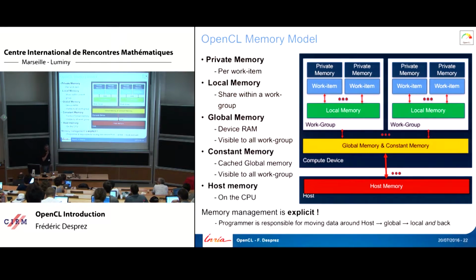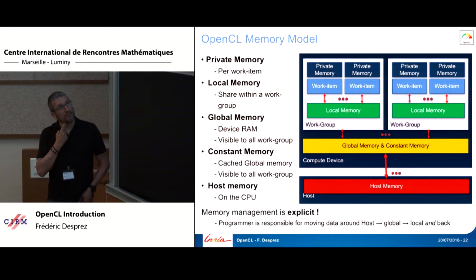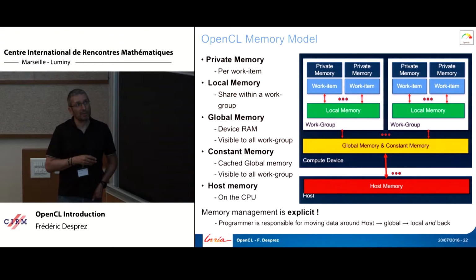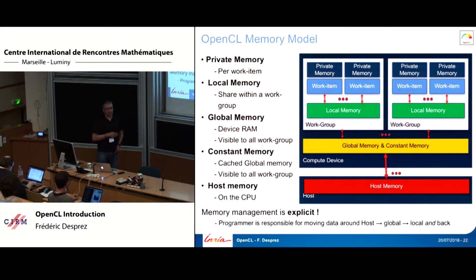If we talk about the memory model, you have different levels of memory. Of course, as I said, you have your host memory, and then you have to exchange data with the compute devices. What's important is that memory management is completely explicit. The programmer is responsible for moving data around between the host and the devices. The device's memory is divided into several parts.